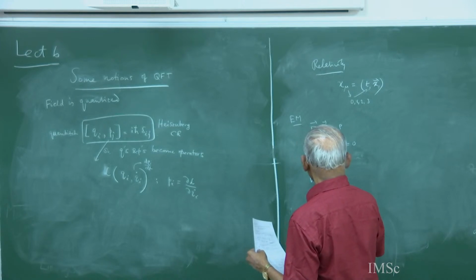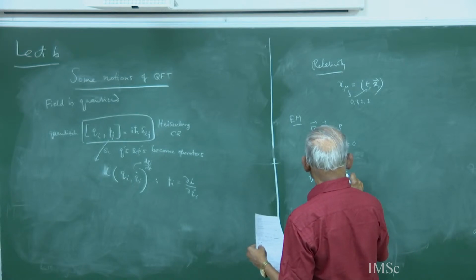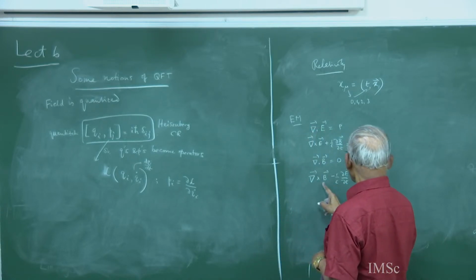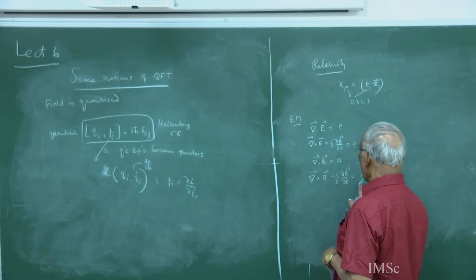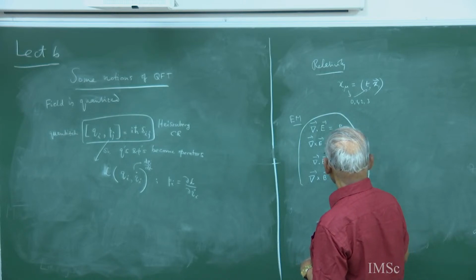The last one is Ampere's law. Maybe here it is minus 1 over c dE/dt equal to current density. It tells you how to calculate the magnetic field from current, but Maxwell added this important displacement current term. These are the famous Maxwell laws.